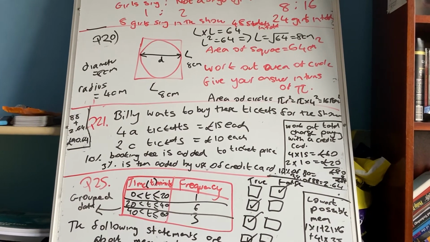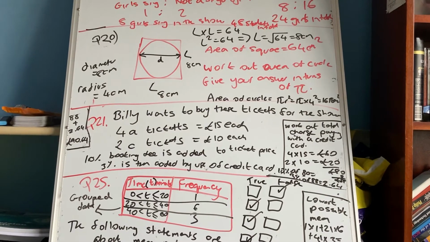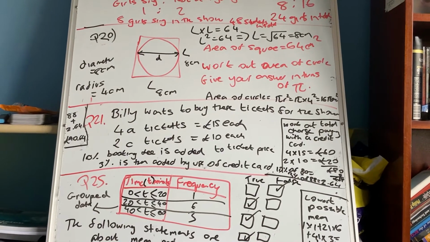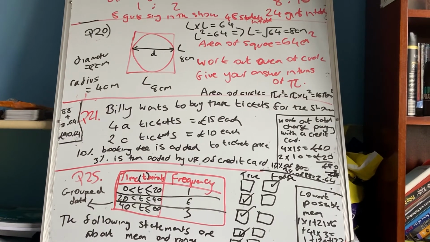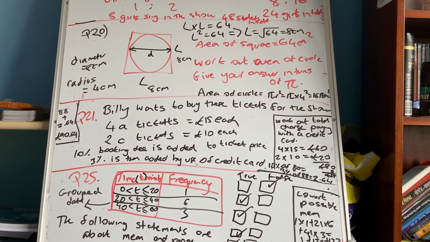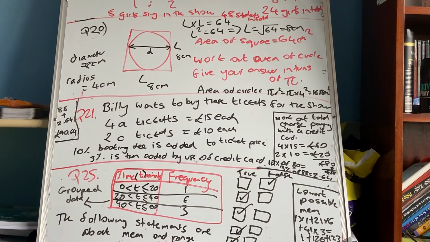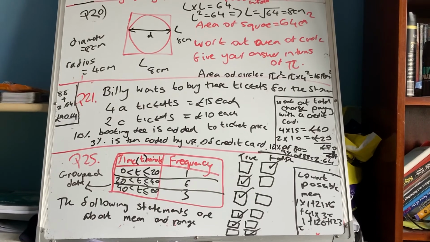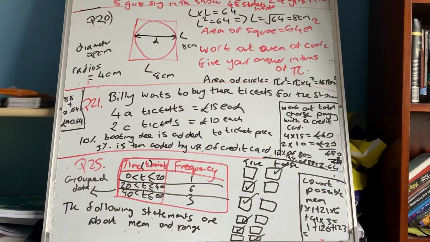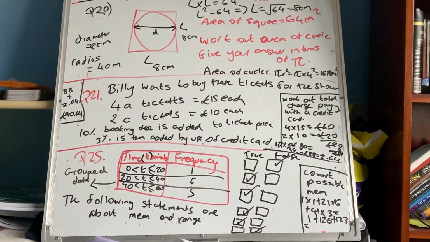So my overall answer is the total charge is £88 plus £2.64, which is £90.64. So the total charge on the account is £90.64. So that is the answer to question number 21, guys. I hope that made sense, guys.